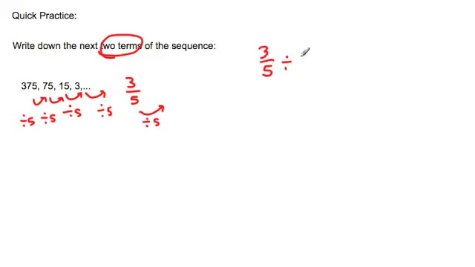Now, if we remember the rule for dividing a fraction by a value, dividing by a value is the same as multiplying by its reciprocal. So the reciprocal, the inverse, if you will, of 5 is 1/5. So then I just go ahead and multiply across numerator to denominator. I have 3/25. So then the next term in this sequence is going to be 3/25.